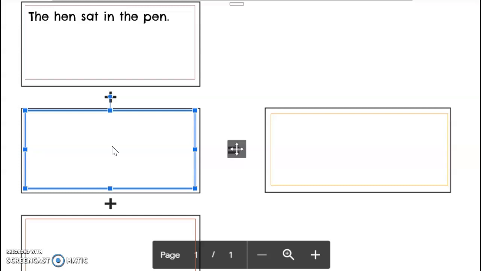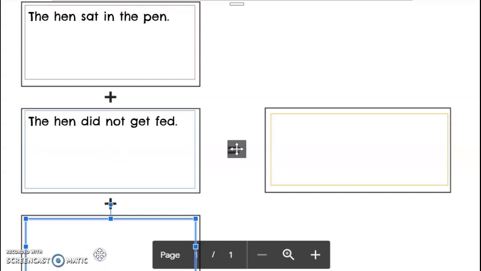There was something going on. She was just sitting in the pen and not eating. So we will say, even though Deb did feed her, we will say the hen did not get fed. Okay. And then we have one more little box where we talk about what a hen does.